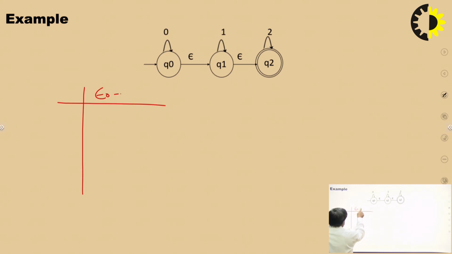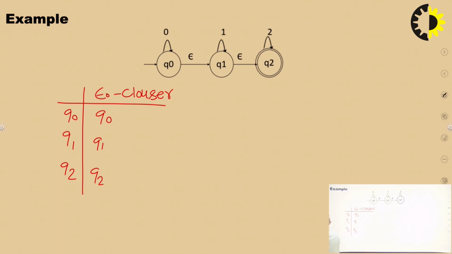Now, epsilon closures. How many states are there? Q0, Q1 and Q2. By default, every state is in its own epsilon closure. It means Q0, Q1 and Q2 are each in their own epsilon closure.